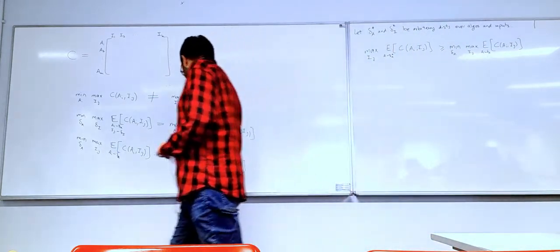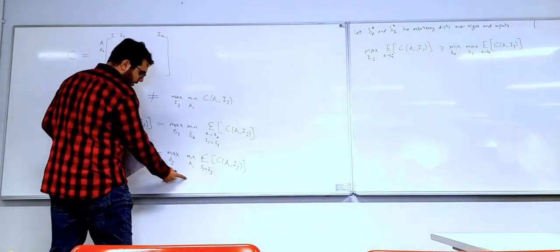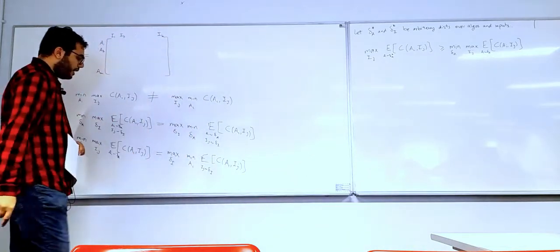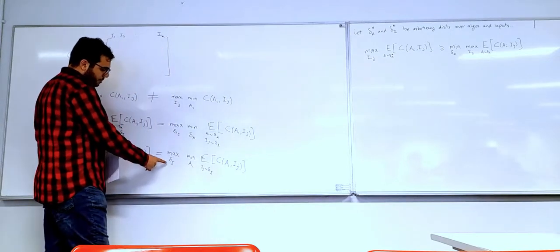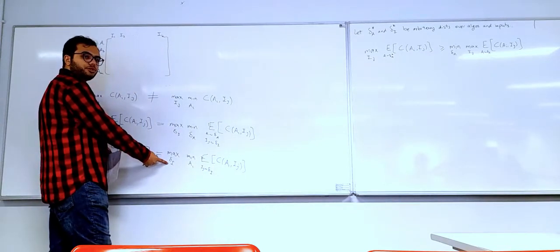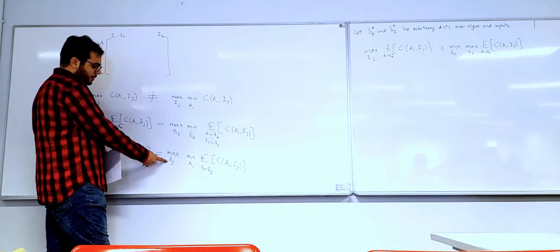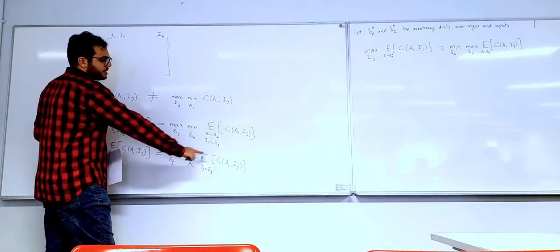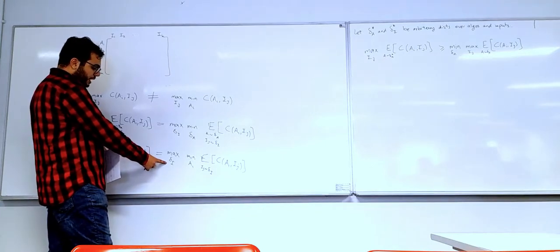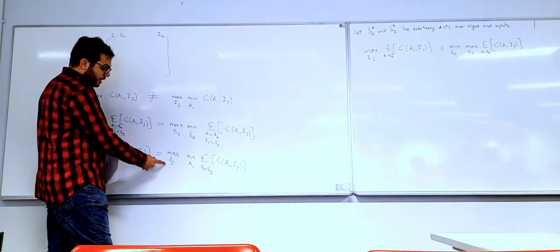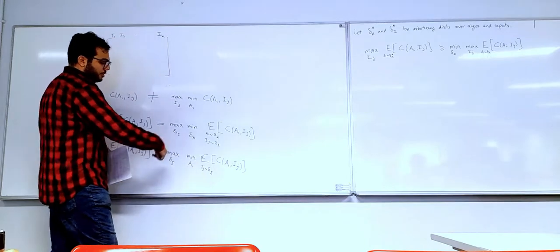Okay, now I can do the same thing with the other side of this inequality. I can say that this side was the case where the player who was choosing the input was choosing the worst possible distribution, the distribution that really maximizes the expected cost. So now if he chooses any other distribution, this cost is going to go down.